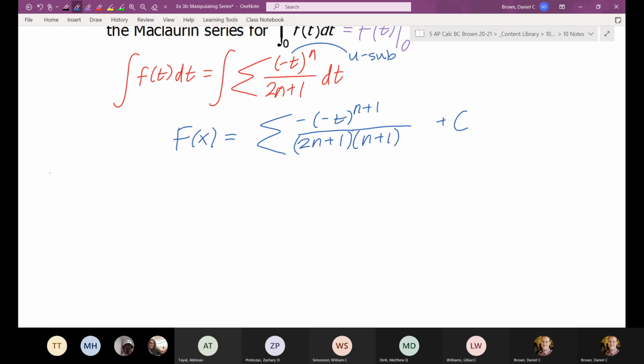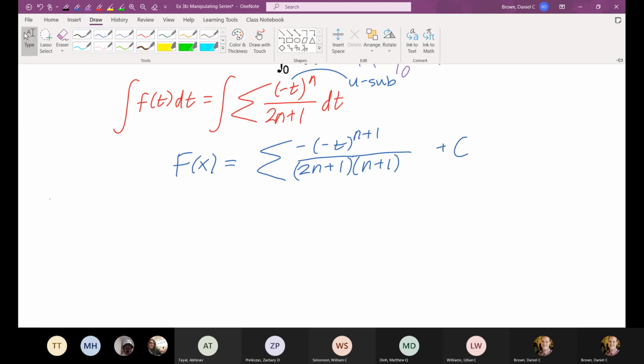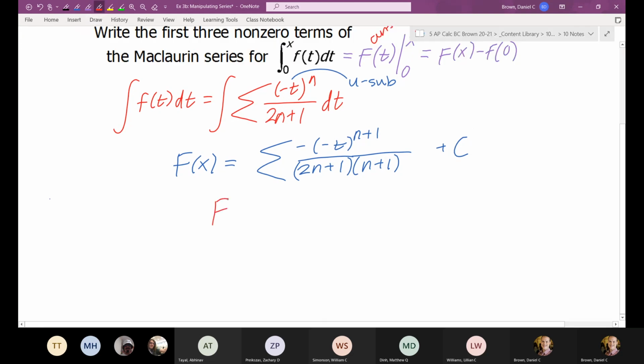So again, this is the antiderivative. It asked us to find originally the integral from 0 to x. So what do we need to find next? We just need to find F of x minus F of 0. Well, how do we do that? Just plug in x for t minus plug in 0 for t.